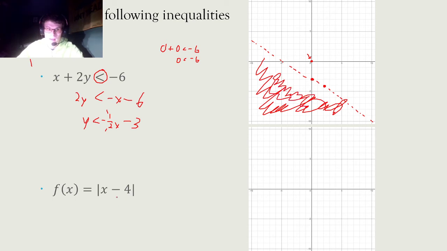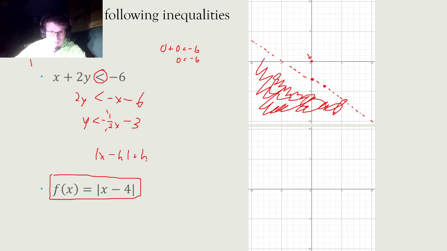Okay? All right. So this one is actually an absolute value equation. For the absolute value equation, remember, every absolute value equation is in the format absolute value of x minus h, plus k. Oops, I almost put b because k and b are pretty similar to each other.